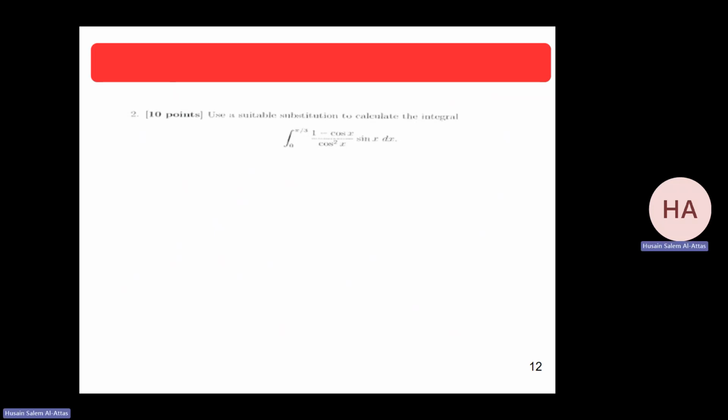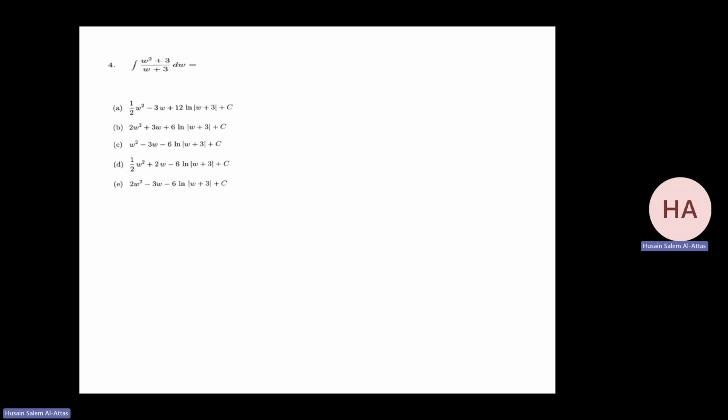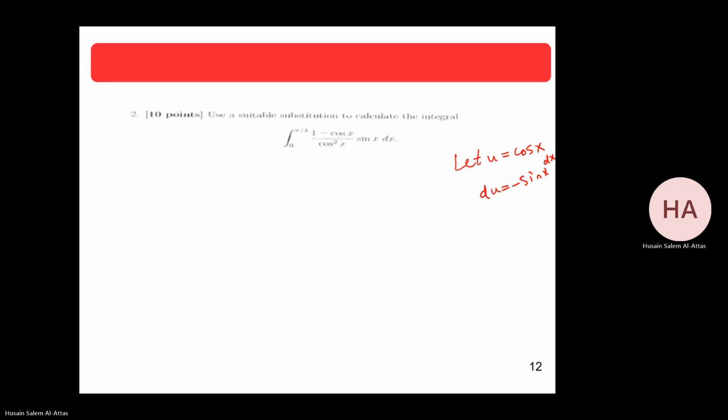For this one, use substitution to calculate this integral. I will let u equal cosine x. du will be minus sine x dx. So I will put the minus sign here and the minus sign outside. So that will be minus, from where to where? Cosine 0 is 1.